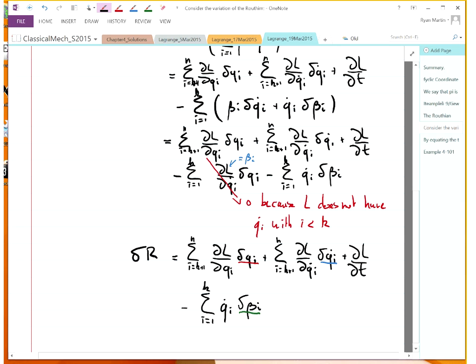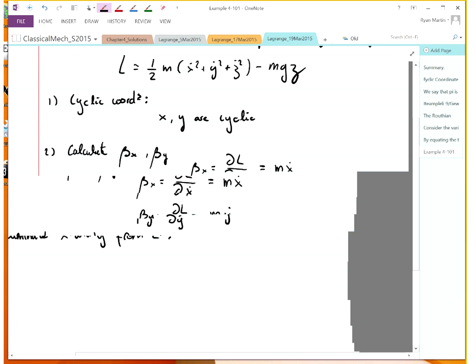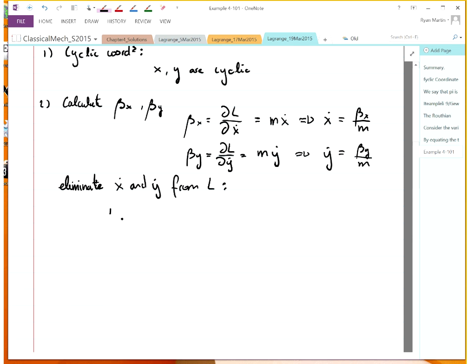We said, well, we've managed to write the Lagrangian in a way that it doesn't depend on the velocities associated with the cyclic coordinates. So we need to remove, in our Lagrangian, the x dot and y dot, and replace them in favor of our betas. That's not too hard, because look at our equations for beta x and beta y. Easy for me to say that x dot is equal to beta x over m. And similarly, y dot is beta y over m. So I can substitute that into the Lagrangian.